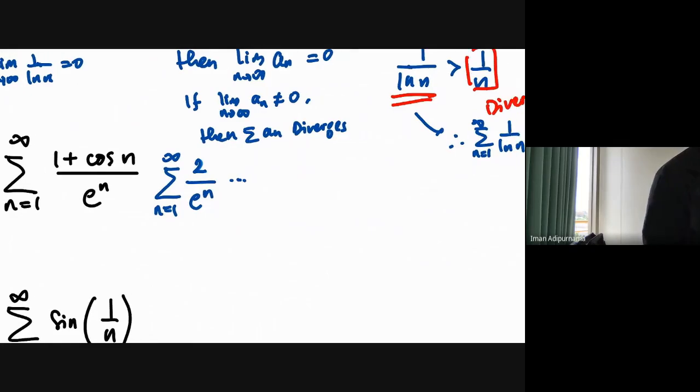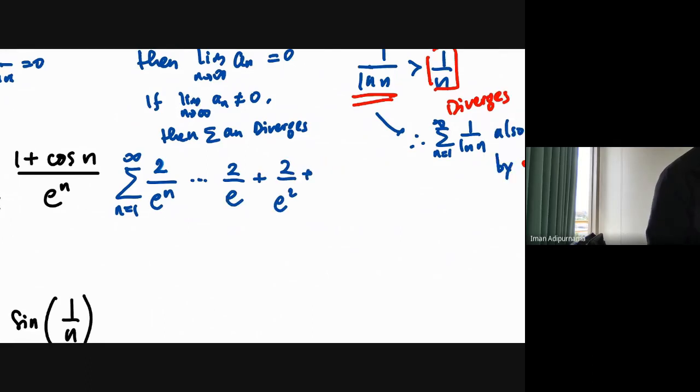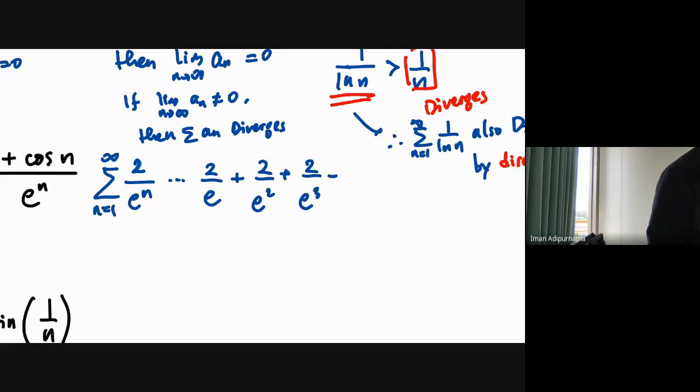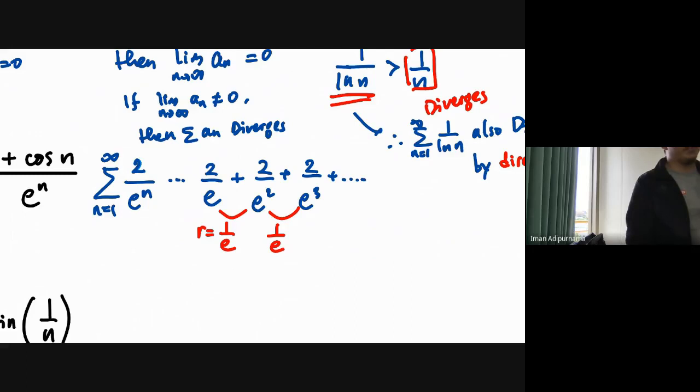If we want to break up or expand the series, it will be 2 over e plus 2 over e squared plus 2 over e cubed and so on, right? You will notice that it multiplies by 1 over e, so we can conclude that this is our ratio. Okay? This is actually the geometric series.